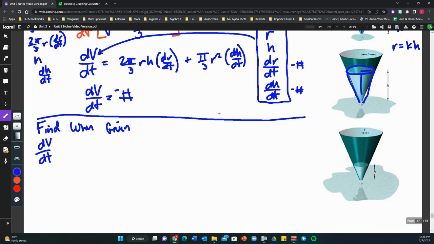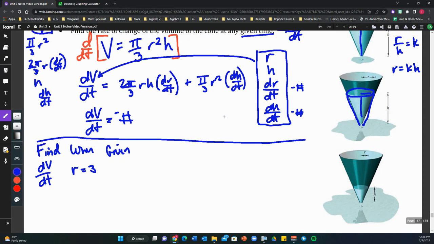So let's say when our radius is, let's say, 3. Given that, this last piece has to be some kind of rate of change piece of information that is required for us to actually calculate the desired value. Going back to the original setup, that's like something out of this box.